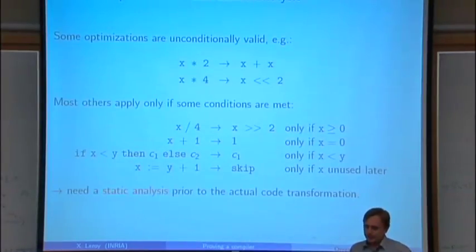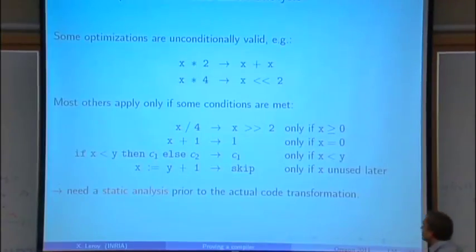There's a deep connection between compiler optimization and static analysis. There are optimizations that are unconditionally valid, always valid, like multiply by 2 being replaced by an addition, or multiply by 4 being replaced by a left shift by 2 bits, at least if your computer runs in binary. But for most others, you need to know something.